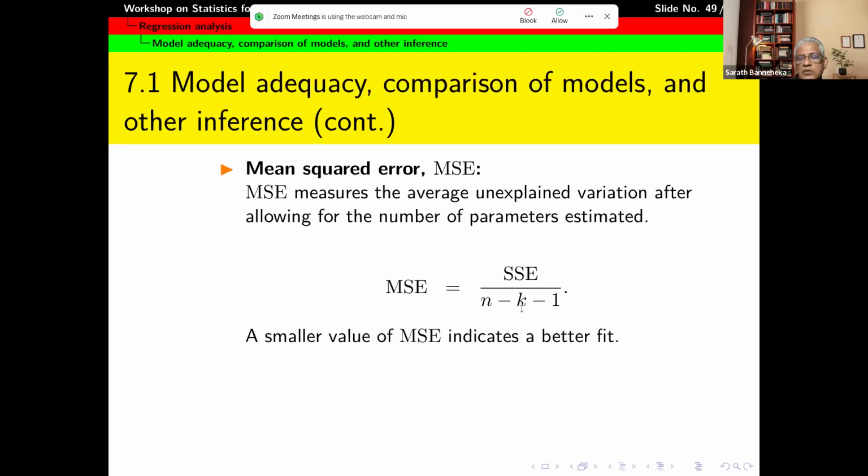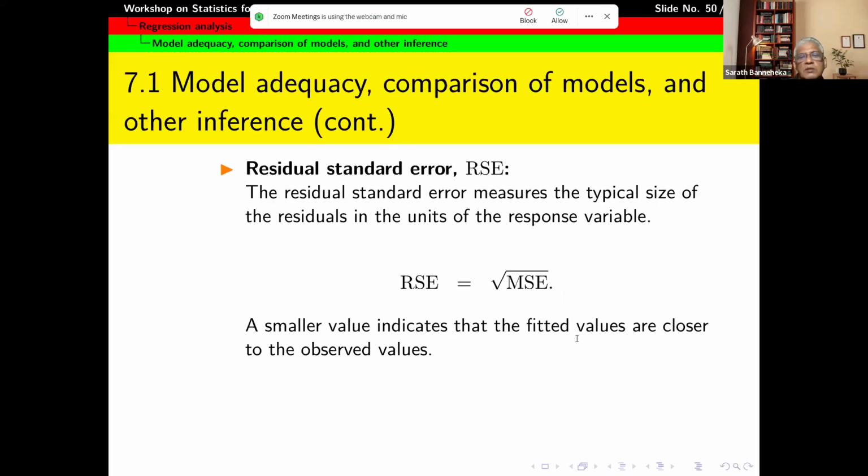So this is a better method. MSE, or what some people call the mean square residual, is another possible goodness-of-fit measure. A smaller value of MSE indicates a better fit.